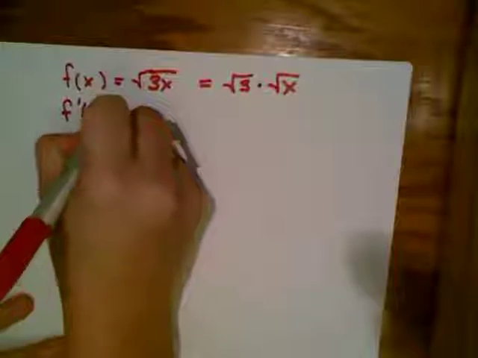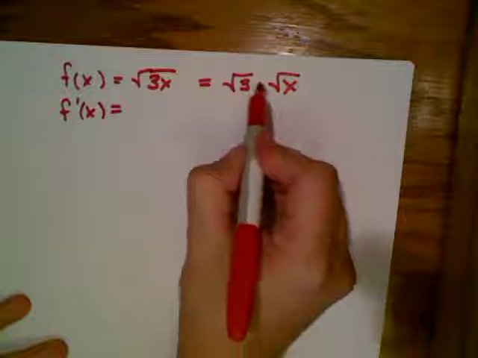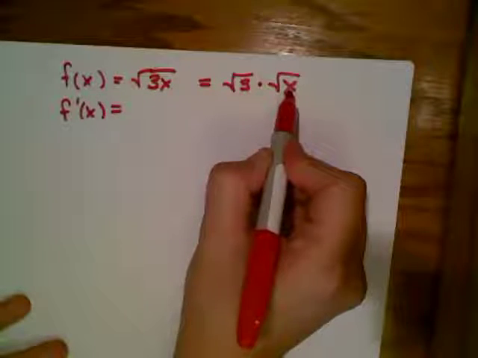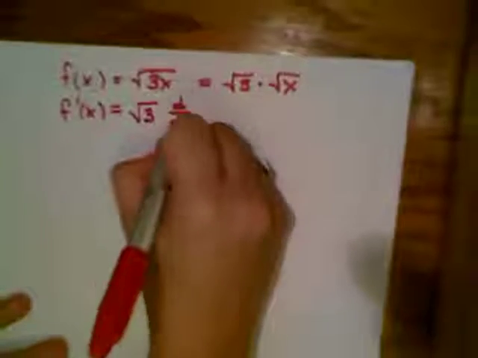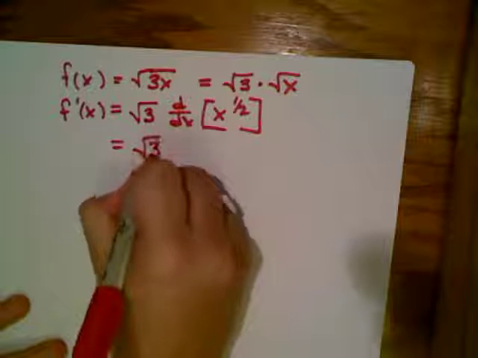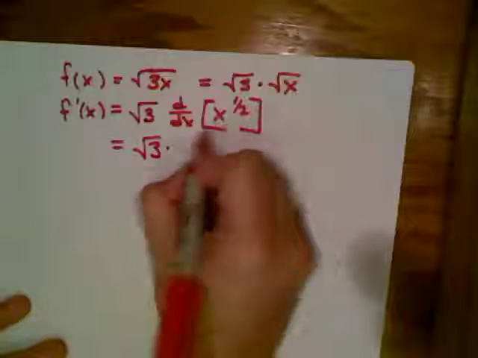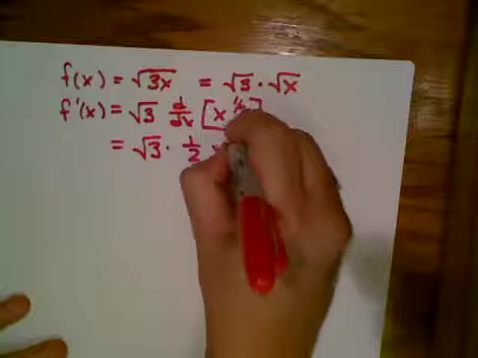And then to find the derivative of f, we have the scalar quantity that's multiplying the expression square root of x. So we would keep the scalar, and we just need to take the derivative of the square root of x. So keeping the scalar and then multiplying by 1/2 x to the negative 1/2.